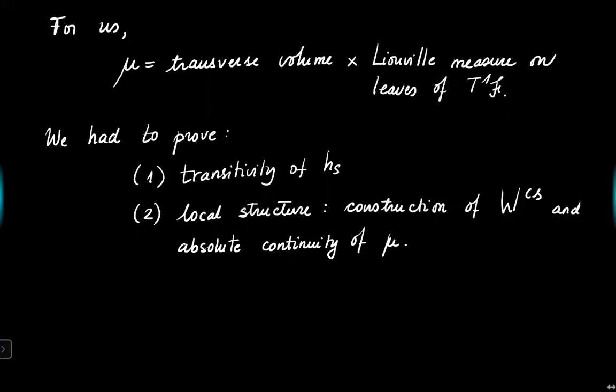What we had to prove is the transitivity of the foliated horocycle flow and that there is this local structure. Transitivity of the horocycle flow is certainly a necessary condition, but I won't be commenting on it. I'll be commenting on how we did the second part.